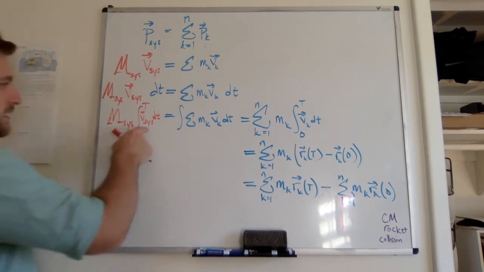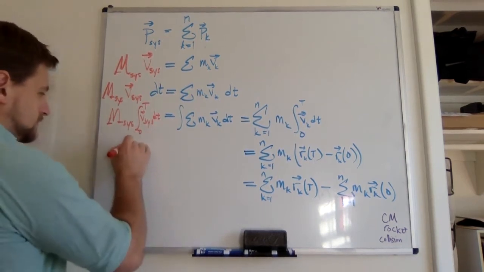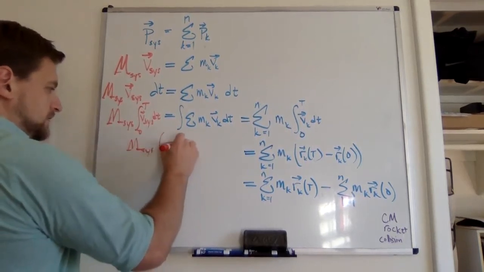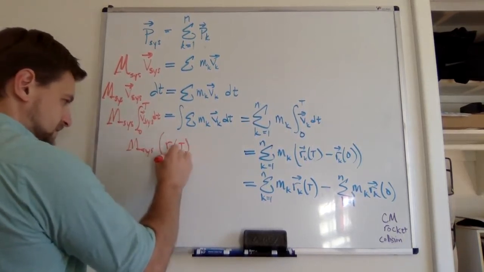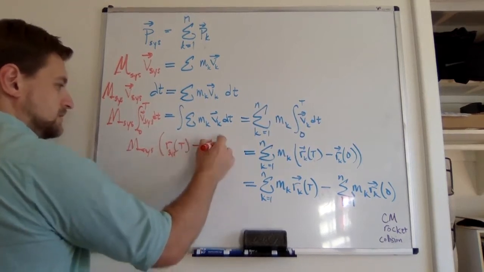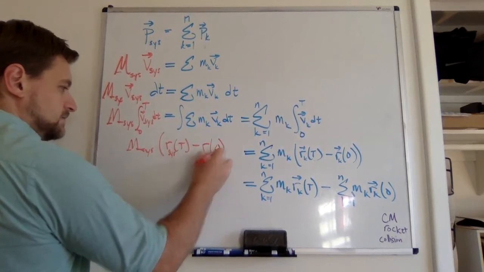But this is going to get us M system times R of T system minus R of 0 system.